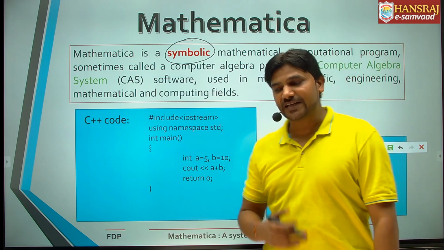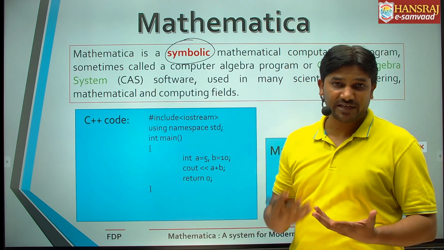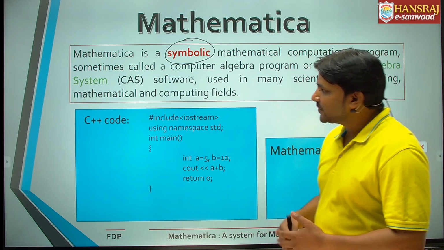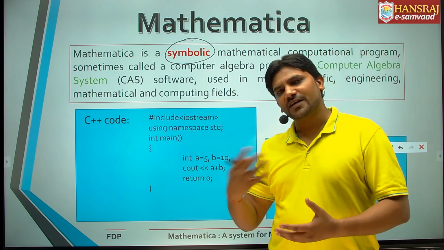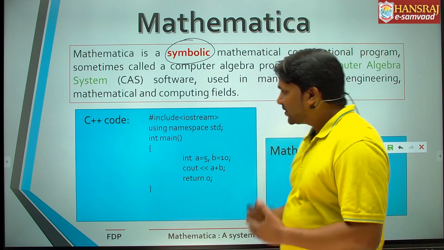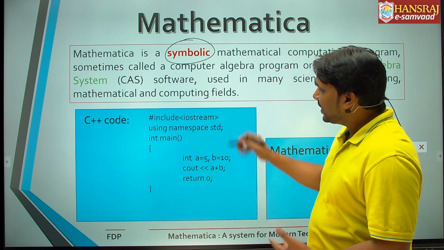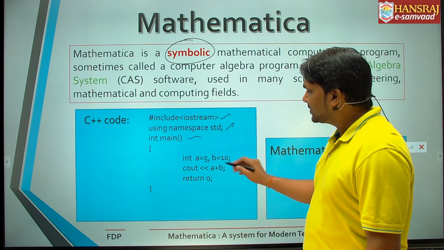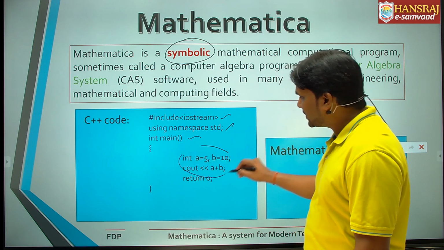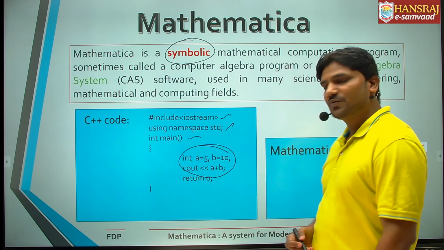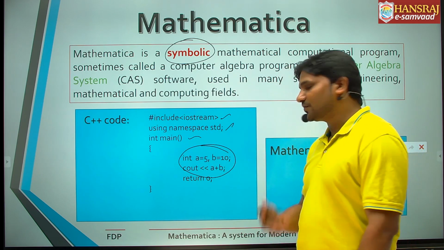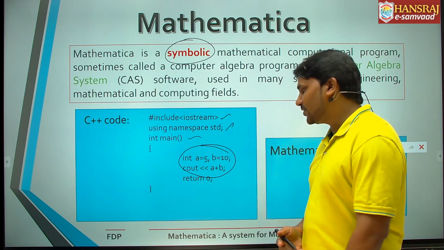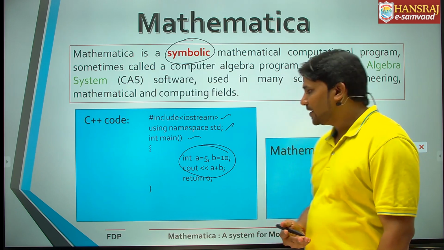Symbolic means we can understand it by using one example. For example, you are using C++ code or any other programming language code. You need to use so many lines to add two numbers. Let's say you want to add two numbers, a is equal to 5 and b is equal to 10, then your answer should be 15.